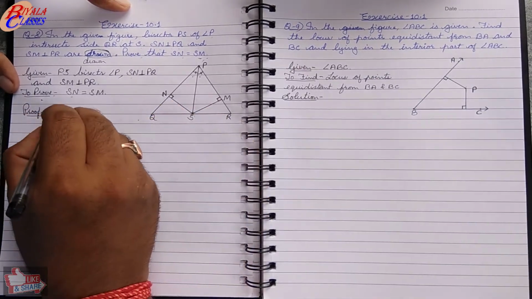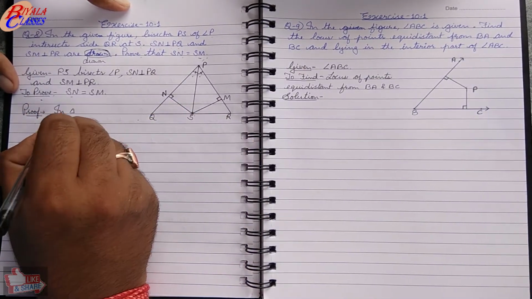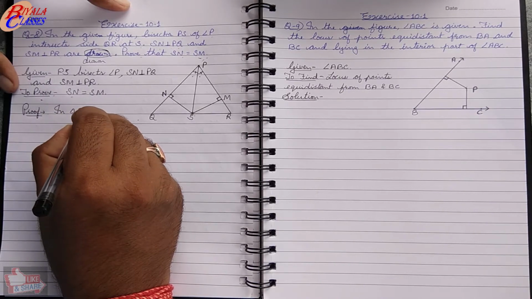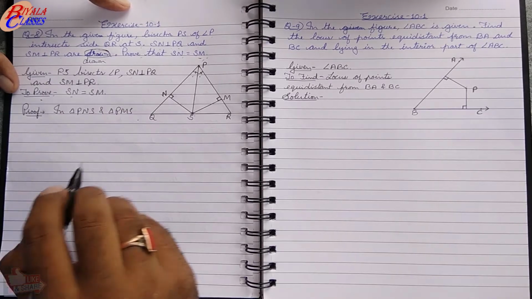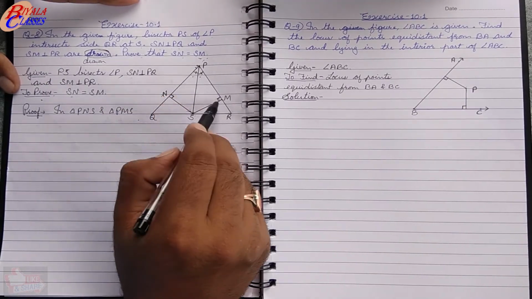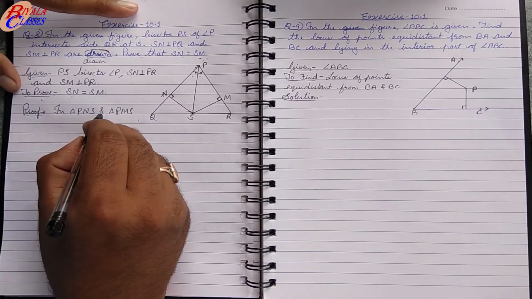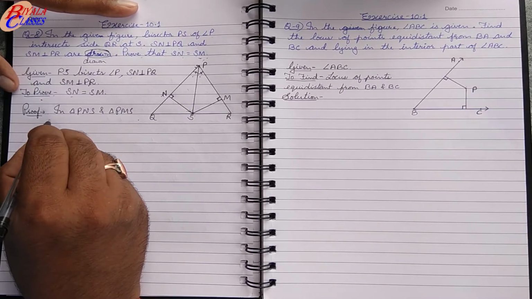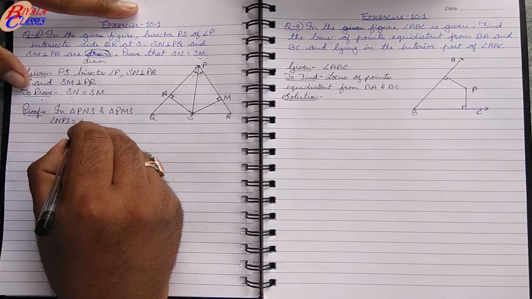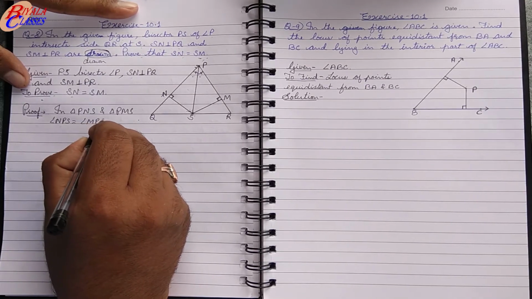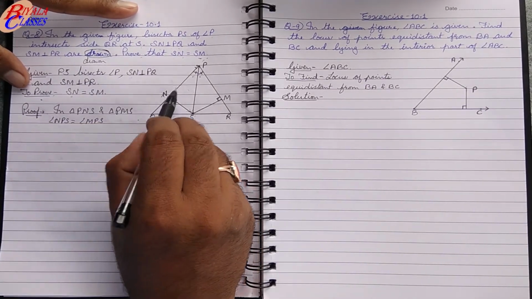You can have the two triangles, that is triangle PNS and triangle PMS. Take these two triangles and we will try to prove that these two are congruent. So in that case, angle NPS is equal to angle MPS.